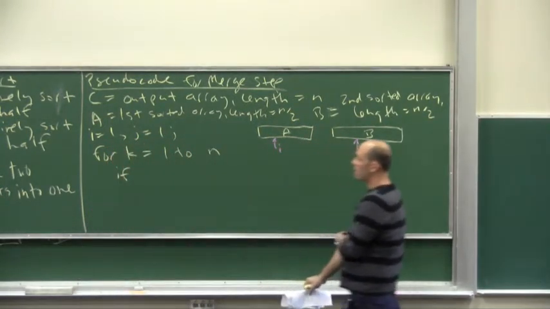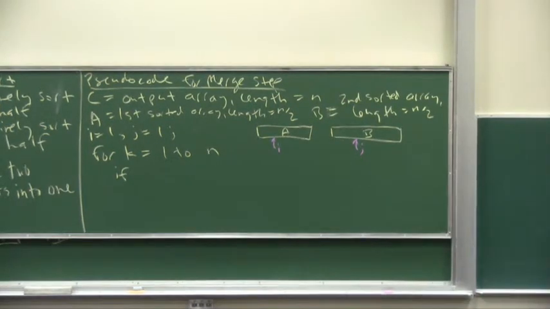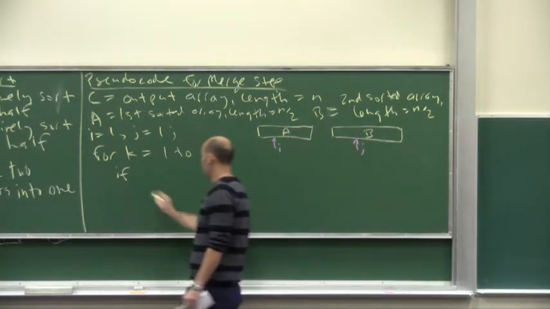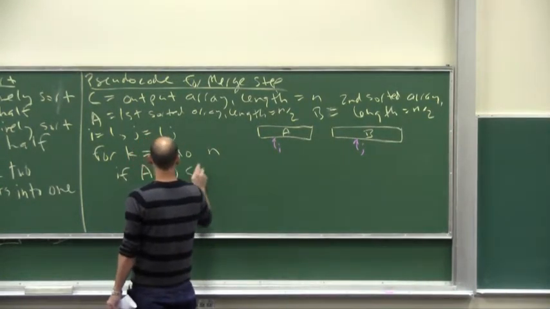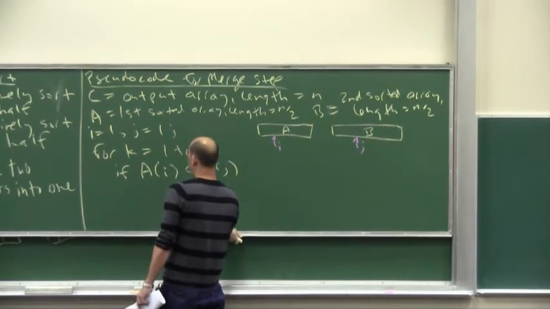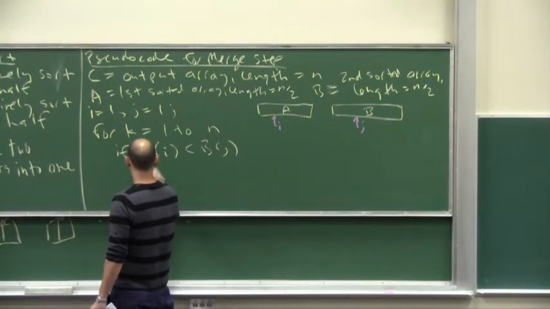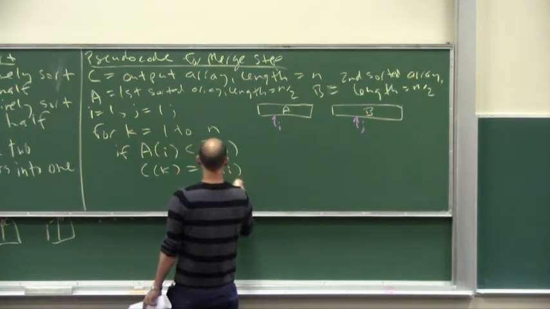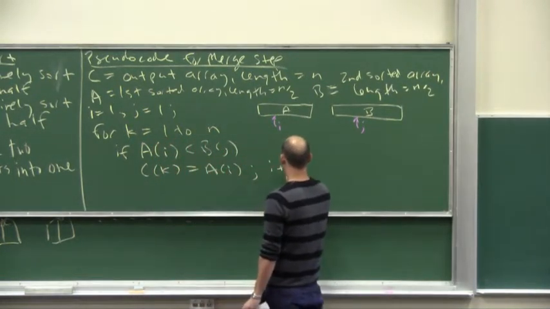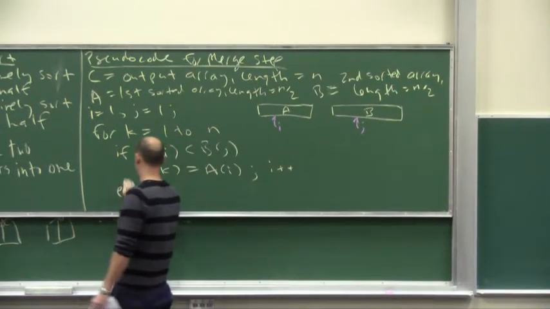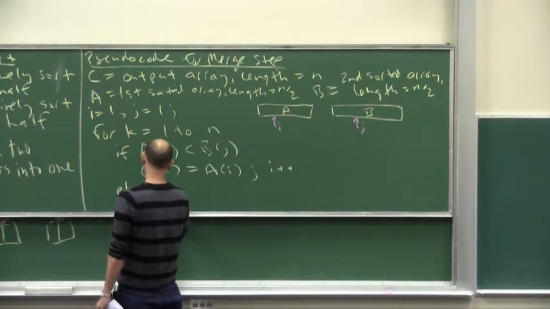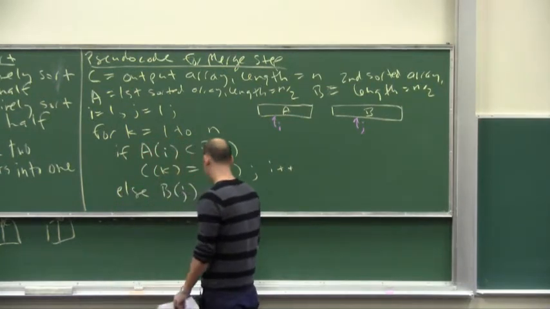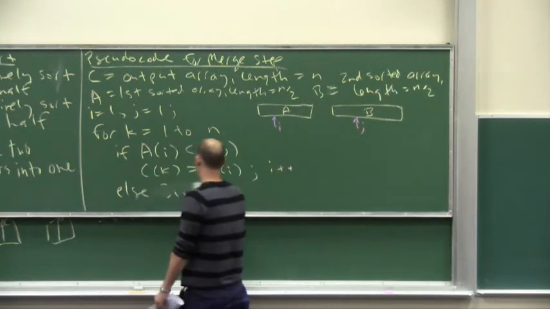Remember, we want to copy over the one which is smaller. Either the one in A is smaller or the one in B is smaller, and whichever one's smaller we copy over. So if the one in A is the smaller one, then we set C[k] to be that, and we need to walk further down the A array. Otherwise, B has the smaller one, so that gets copied over into the C array.